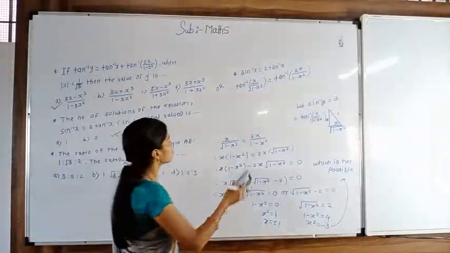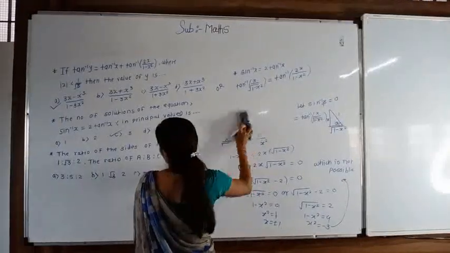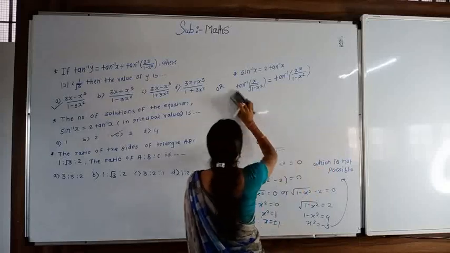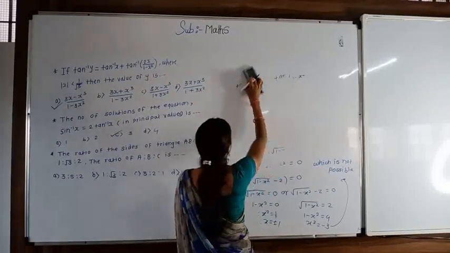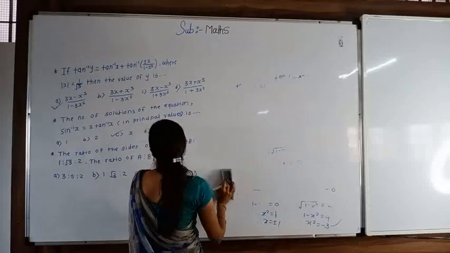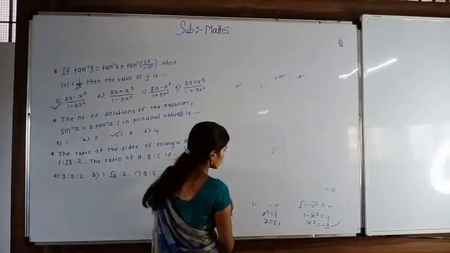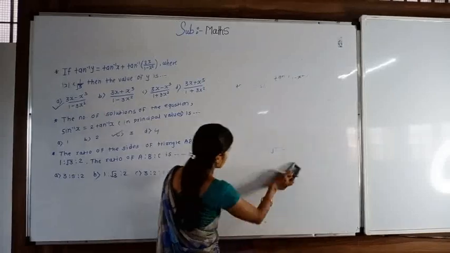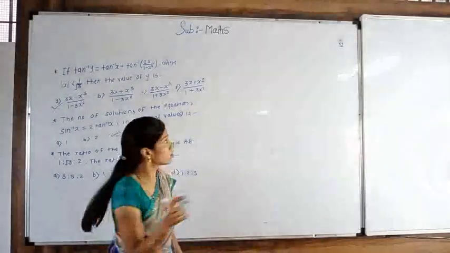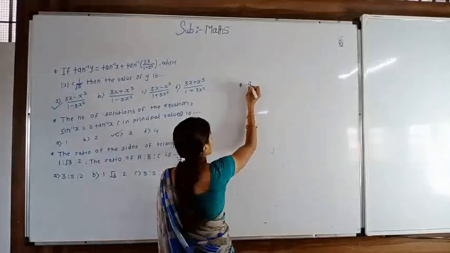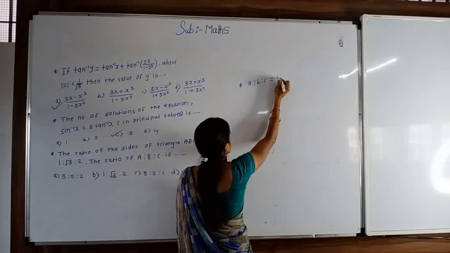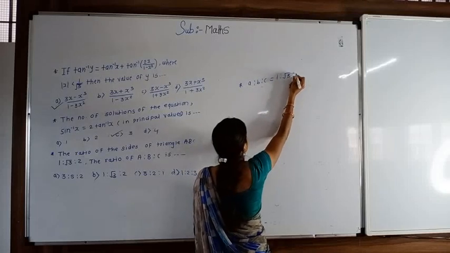Okay, now let's move towards the next MCQ. We have to give the ratio of the sides of triangle ABC, which is 1 is to root 3 is to 2. See here, in this example it gives a is to b is to c, that is 1 is to root 3 is to 2.